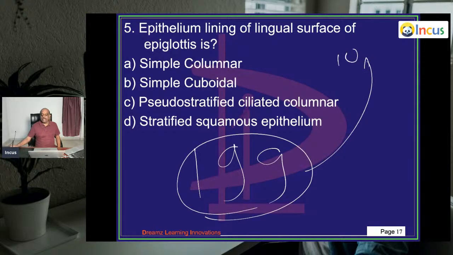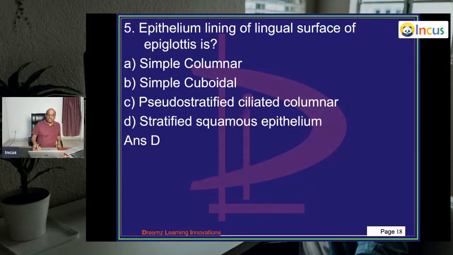One question will definitely come on one of the types of epithelium. There will be 5 or 6 questions in anatomy, doctor, out of 200 questions. One question on epithelium. Be very sure, right? So it is the stratified squamous epithelium which lines the lingual surface of the epiglottis, is what you need to remember.